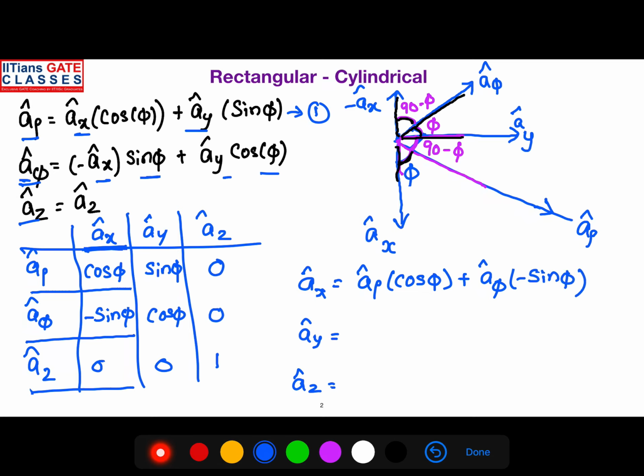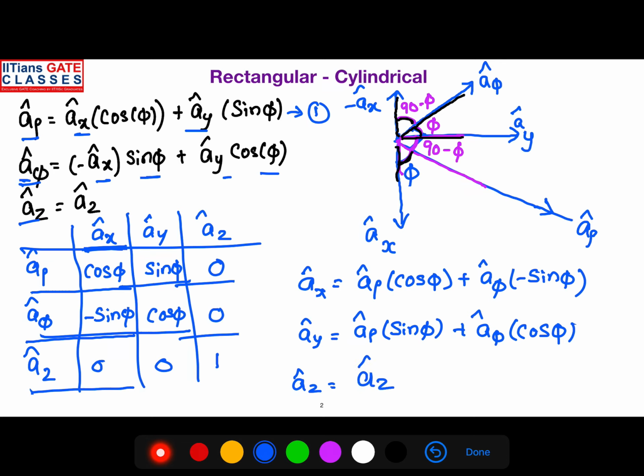You can transpose the vector, that's it. So ay cap in the same fashion will be a rho into sin phi plus a phi into cos phi. And az cap, as usual, has no rho coefficient and no phi coefficient, so az cap remains the same. So this represents the rectangular into cylindrical.